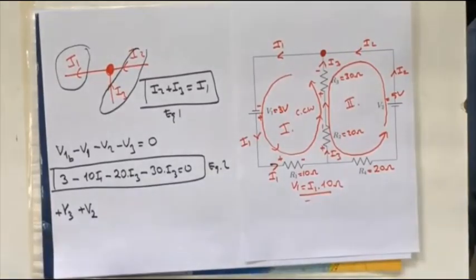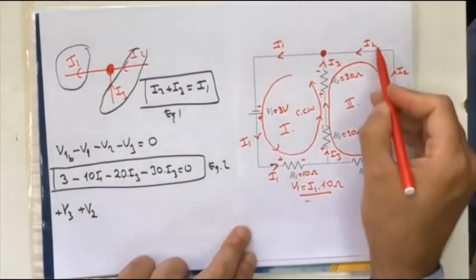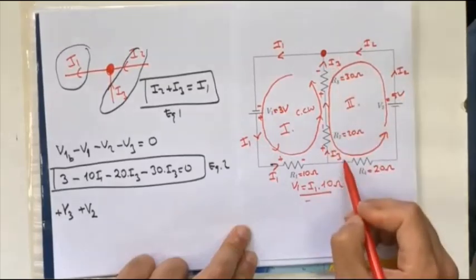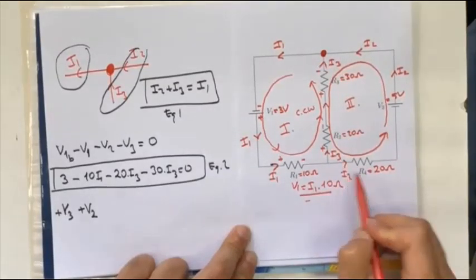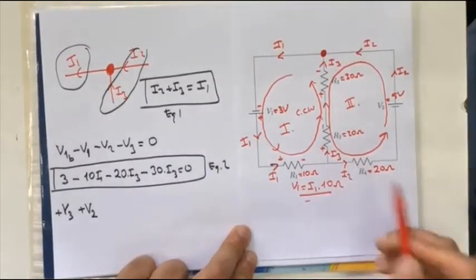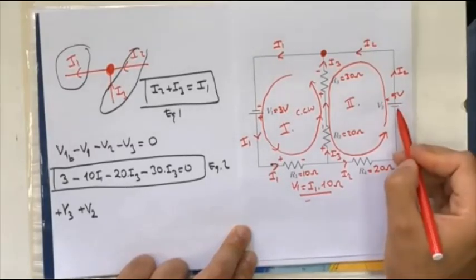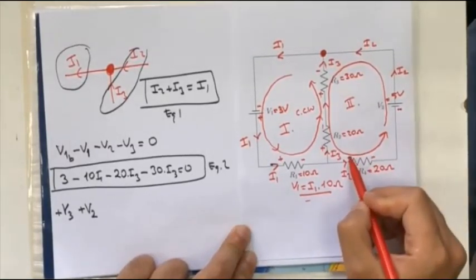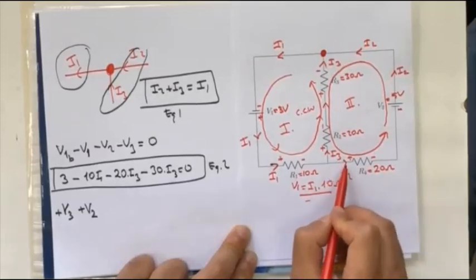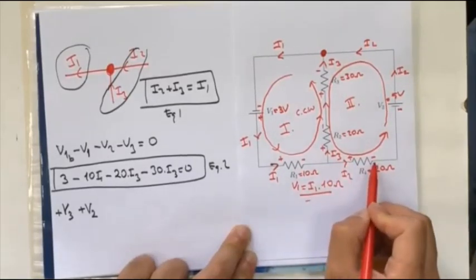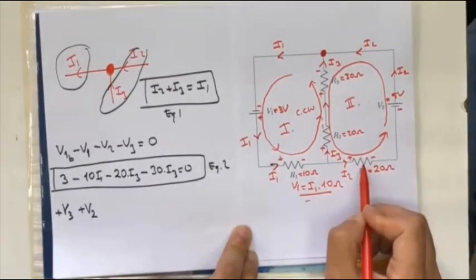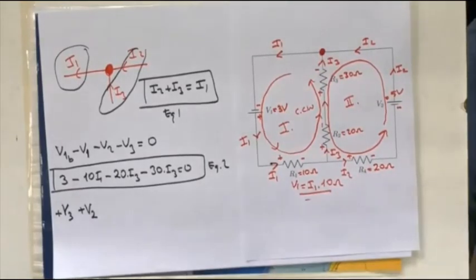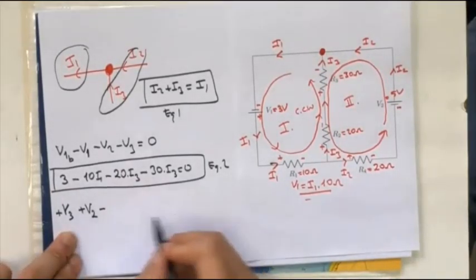Then, when I come to here, I2 is in this way. Since this is negative and positive, and the current is flowing from positive to negative, it consumes energy, so it will be a negative voltage. So I will write minus V4.